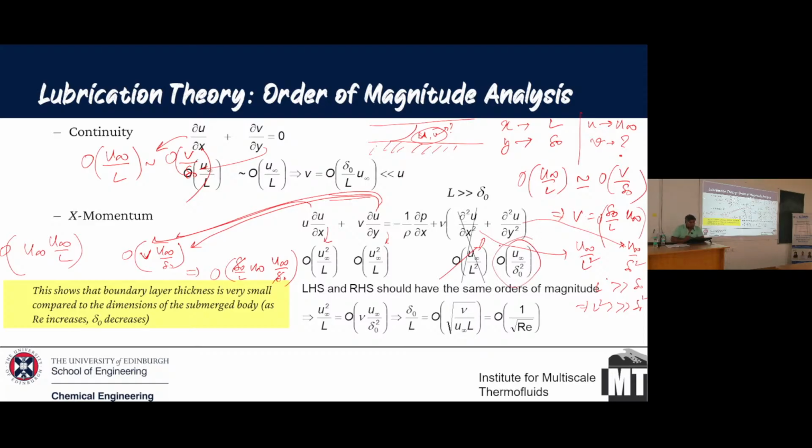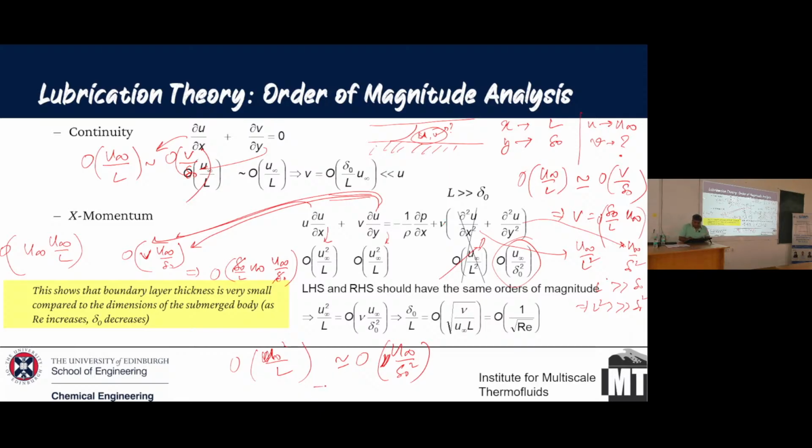If you look at the balance between these two sides, you will get order of u infinity squared by L, this is the left hand side, equal to order u infinity by delta naught squared. And obviously there is a viscosity term in front of it, so there is a nu here.